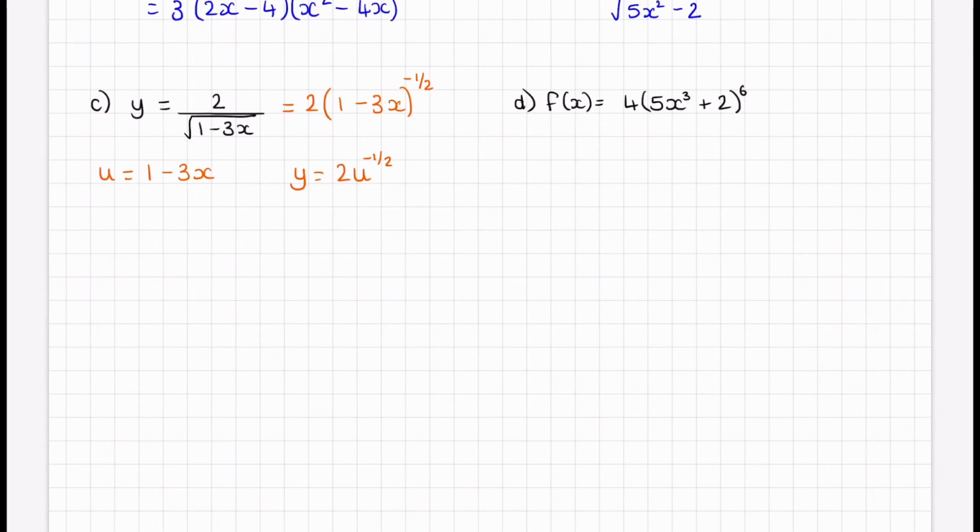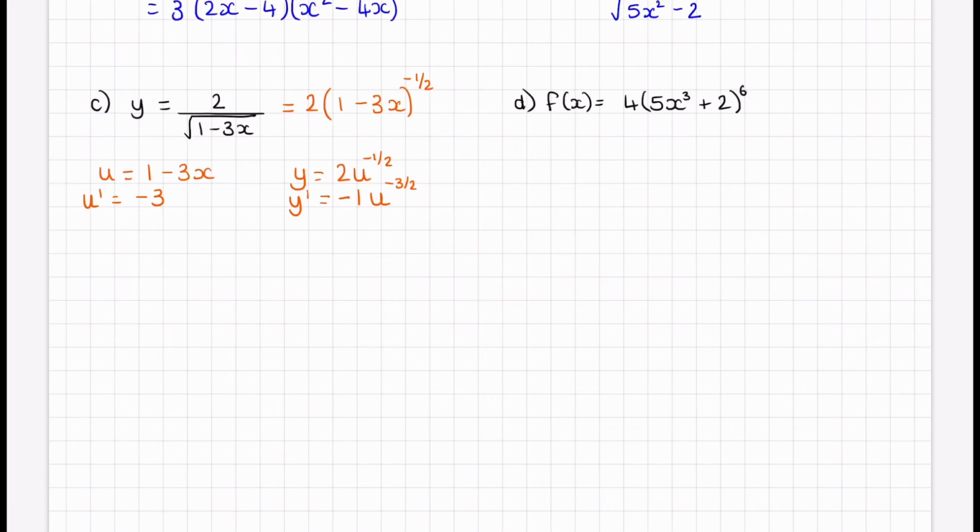Then do the derivatives of each of these. The derivative of u: the derivative of 1 is 0, and the derivative of minus 3x is minus 3. For the derivative of y, we have negative a half times the 2, which is negative 1, u to the power of negative a half minus 1, which is minus 3 on 2.